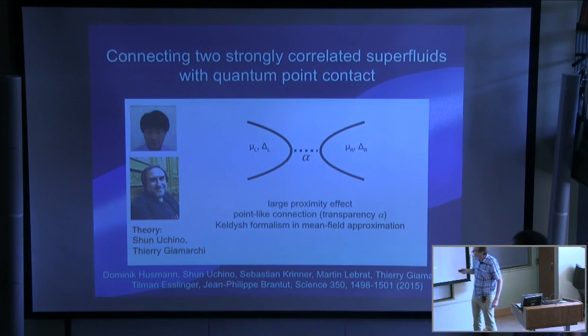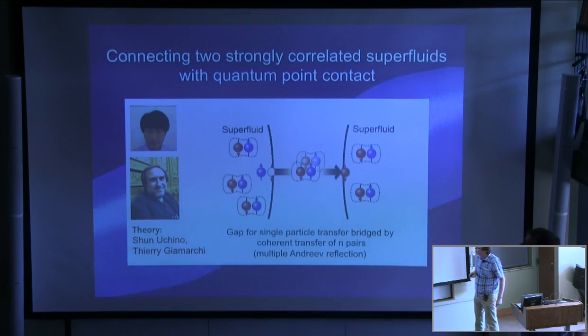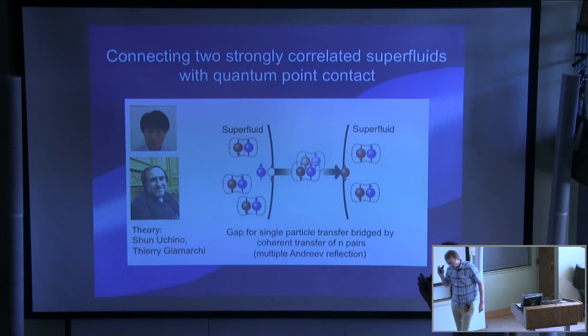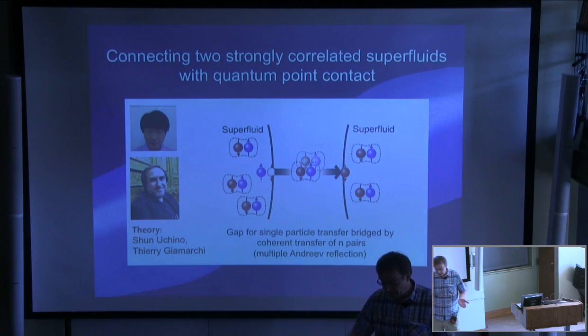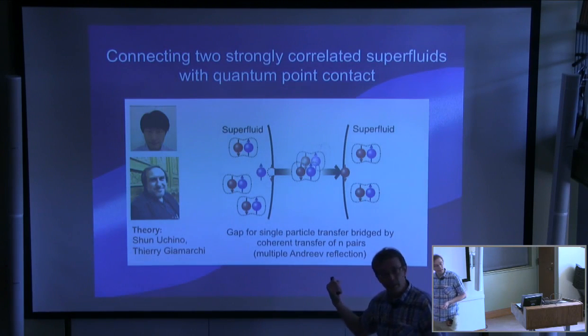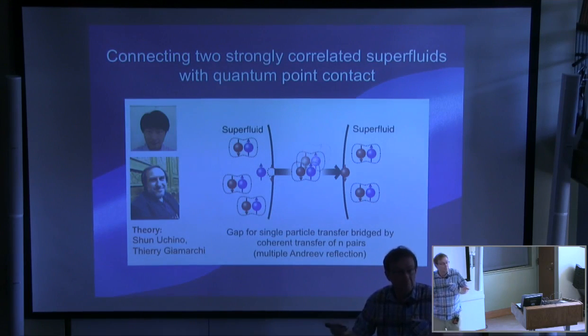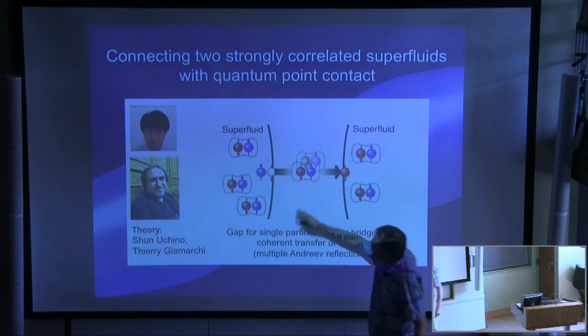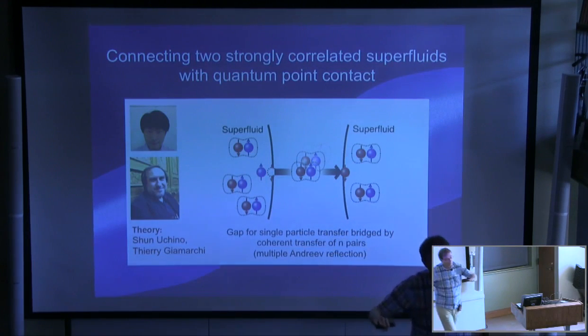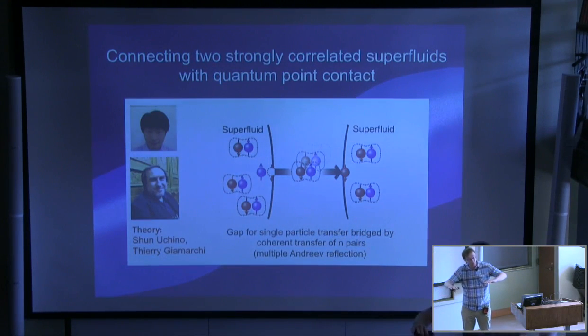And then you might ask, okay, I have a superfluid here, and I couple them, so I will have Josephson oscillations. Well, but we measure a DC current, so it's not immediately obvious. You also need to keep in mind that the gap is much larger than the chemical potential difference.